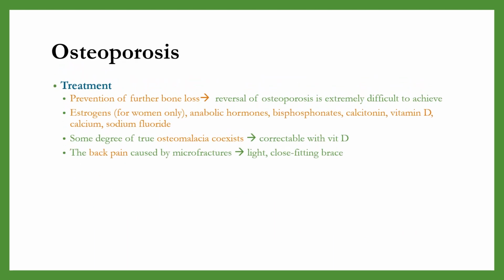Treatment of osteoporosis is the prevention of further bone loss: estrogens for women only, anabolic hormones, bisphosphonates, calcitonin, vitamin D, calcium, and sodium fluoride. Some degree of true osteomalacia coexists, which is correctable with vitamin D. If there is back pain caused by microfractures, use a light, close-fitting brace.